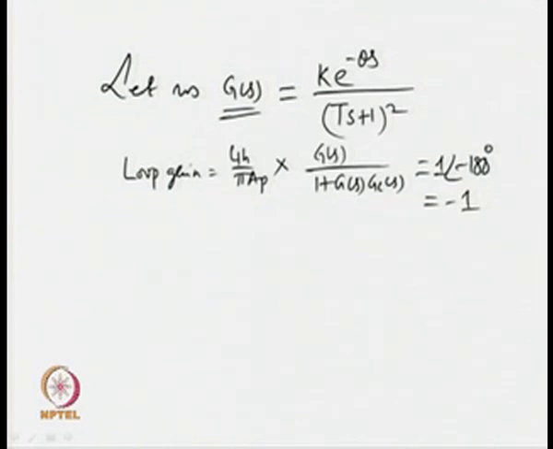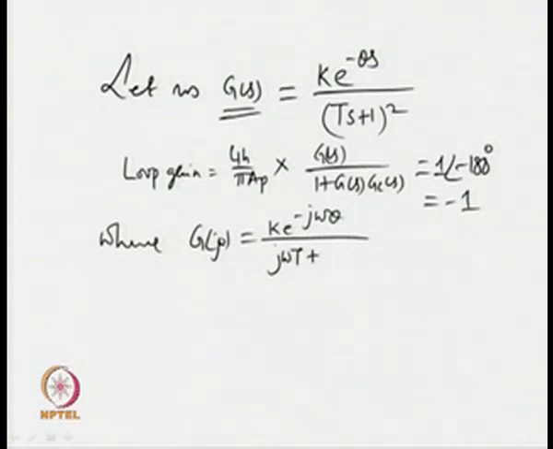Now, I will substitute the expressions for G(s) and Gc(s), where G in the frequency domain will be G(j omega) = K e^(-j omega theta) / (j omega T + 1)^2, and Gc(j omega).